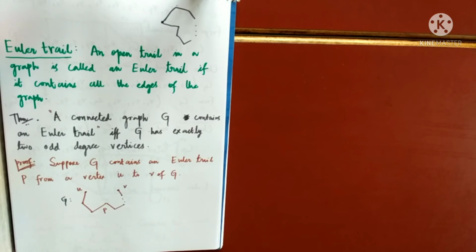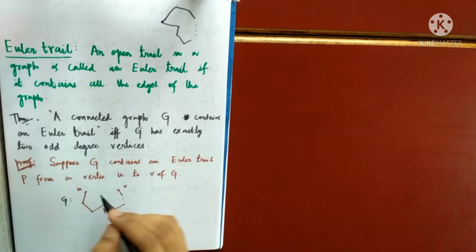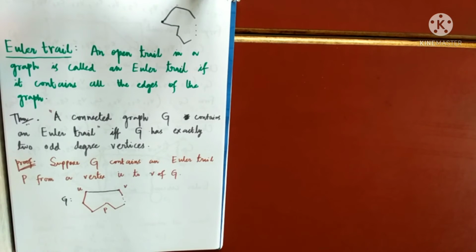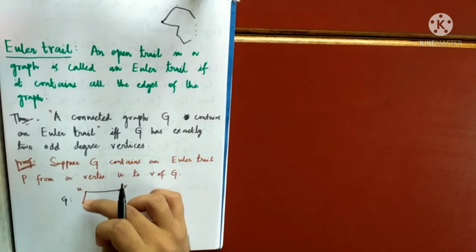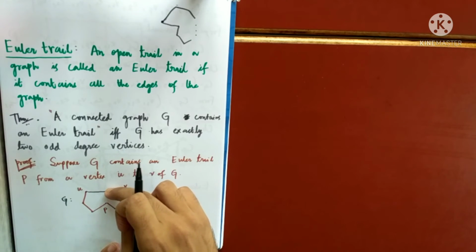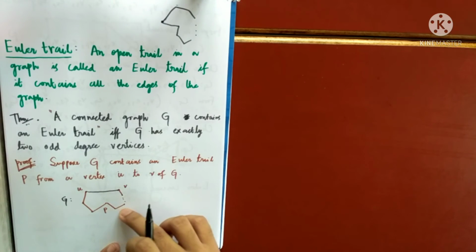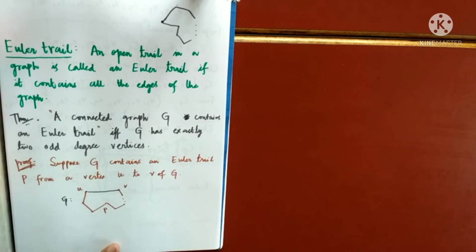With the help of this graph G, I will make a new graph, suppose G1, by adding a new edge between U and V. Now, this trail was from U to V, and if I take this edge here, I have now got an Euler circuit from U to U. So I add an edge E here, which was not there in G, and with the help of that I'm taking a new graph G1.